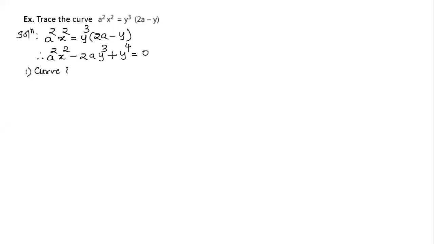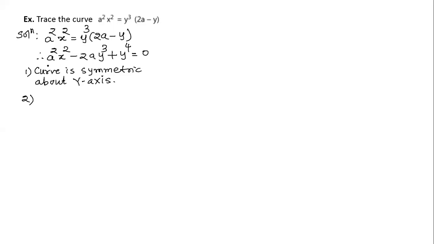Yes, the curve is symmetric about y-axis. Property number 3 is interchange x and y. After interchanging, first term will be a square y square, but that is not appearing here. So third property is not satisfied. Fourth is not going to be satisfied.